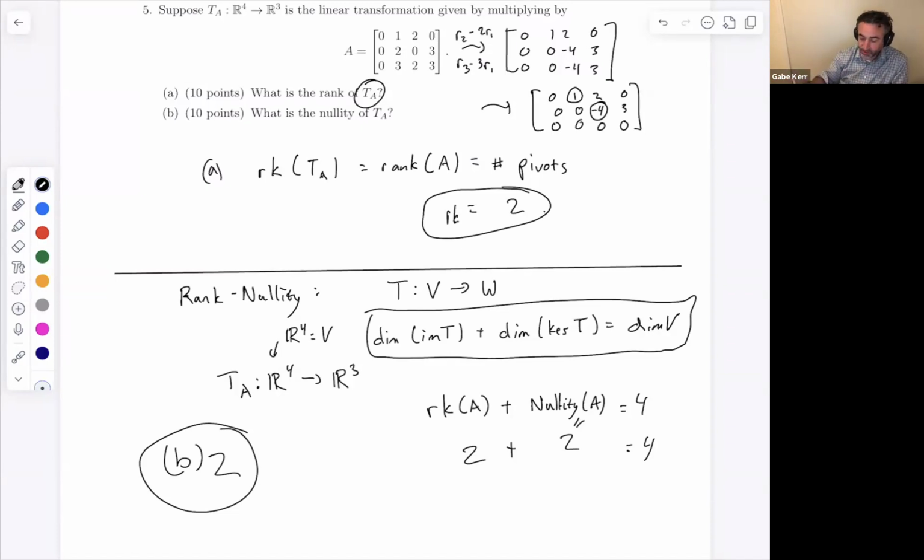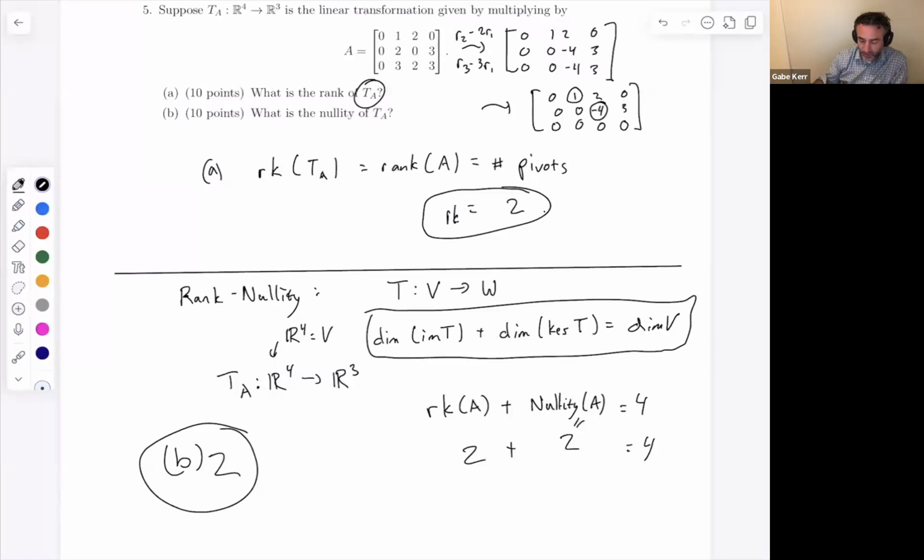One explanation is that the nullity is the number of free columns, or free variables. The rank is the number of basic variables. If you add up the number of basic columns and the number of free columns, you get the total number of columns, which is this dimension, because you're multiplying on the left.